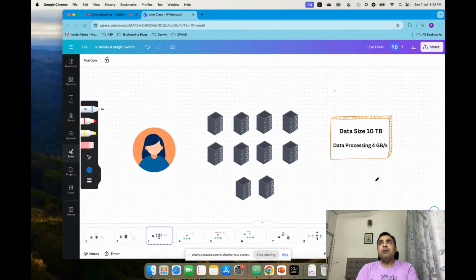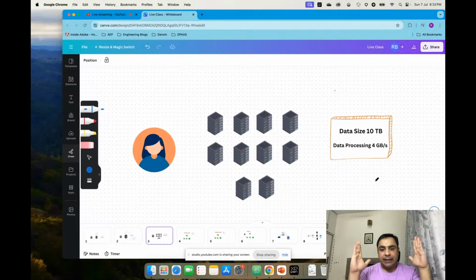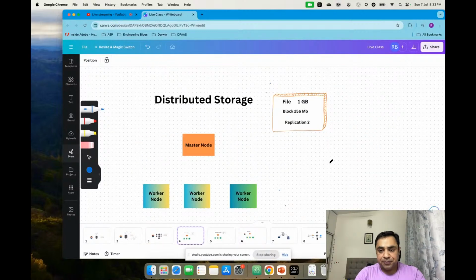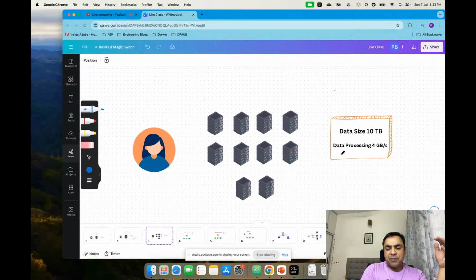So now, distributed systems at high level, as the name suggests, when we are going beyond the boundary of one system. Distributed systems fall into two categories: distributed storage and distributed computing. When we say distributed storage, that means our data is going to be stored on different machines.